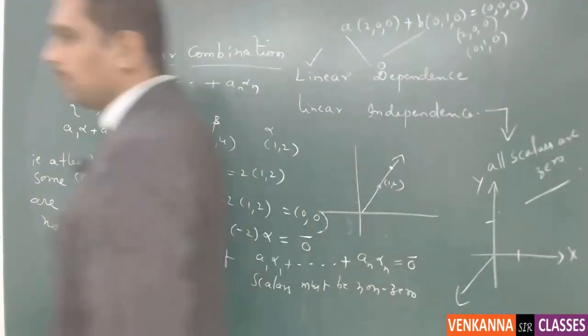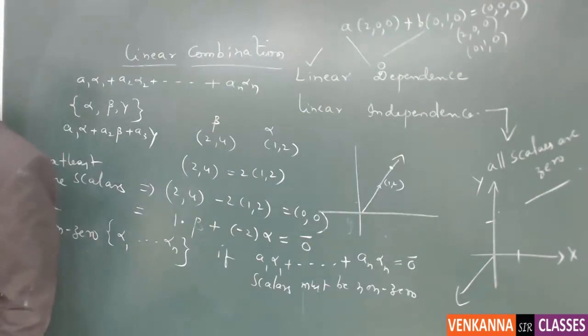Otherwise, it is not possible to get 0. Accepted? Except 0 in place of A and B, if you take any value in place of A or B, the result will not be equal to 0. Agreed?